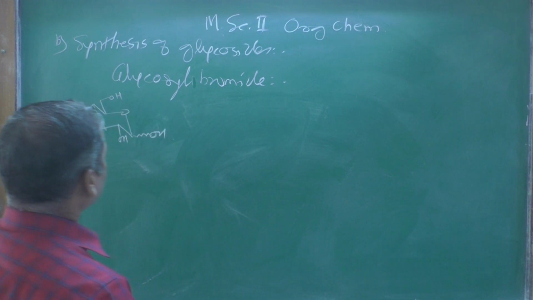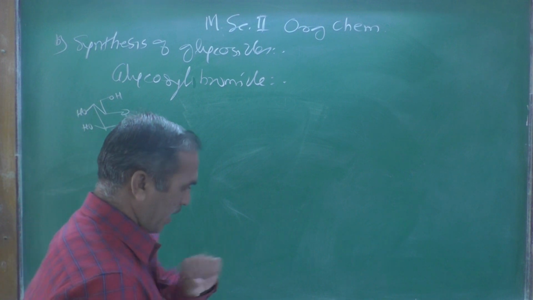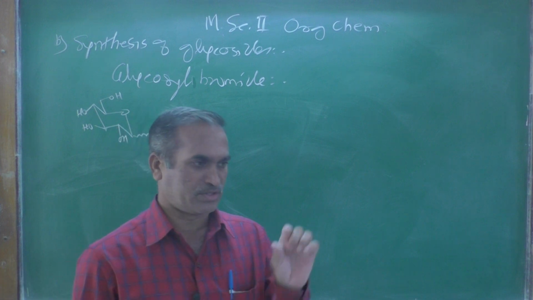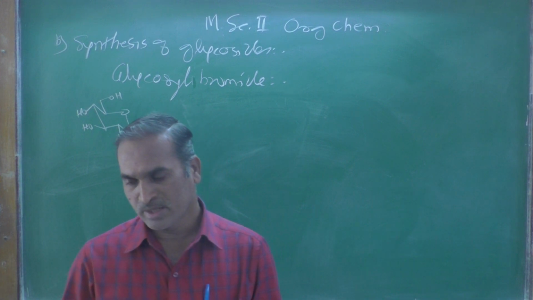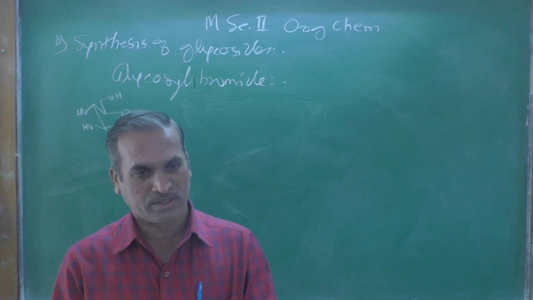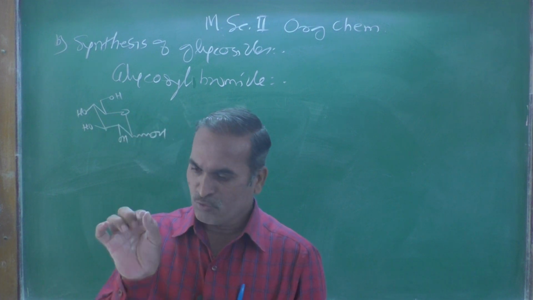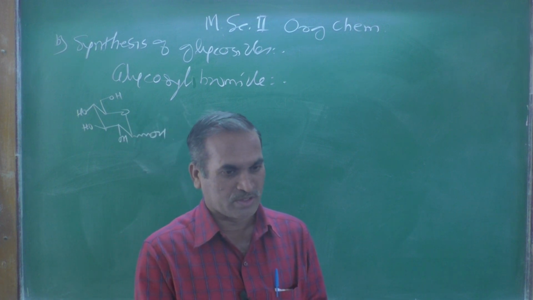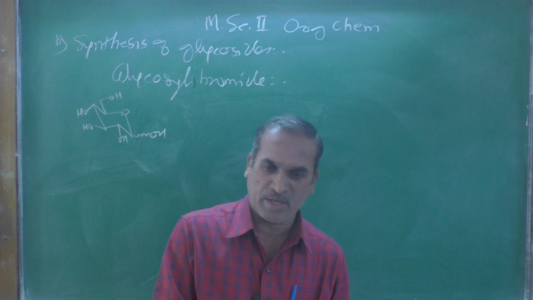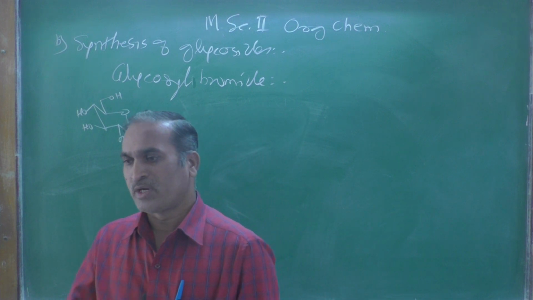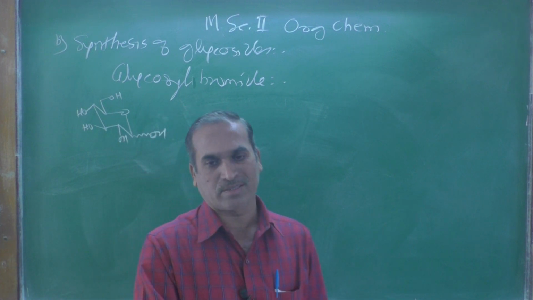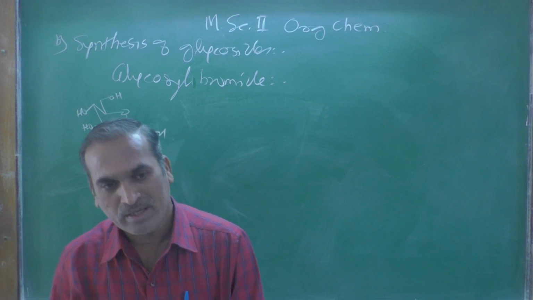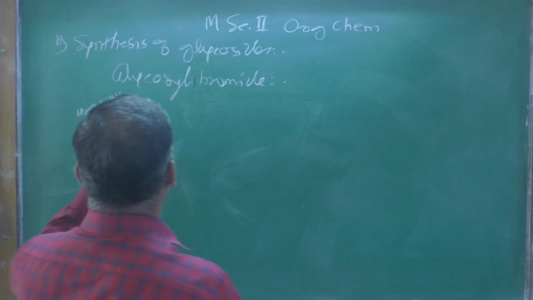If you carry out the acetylation in basic condition, generally with sodium acetate, the rate of acetylation will be slower. Whereas if you carry out the same reaction in the presence of a Lewis acid, the rate of acetylation will be increased. That is the thing you have to remember.